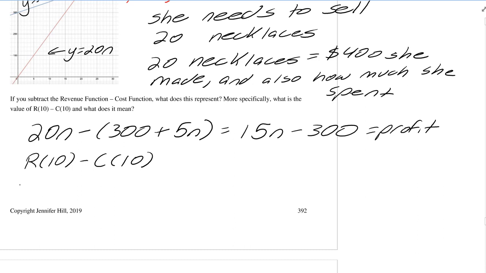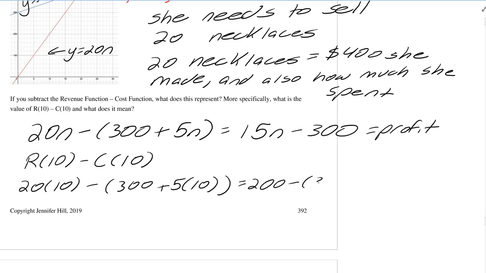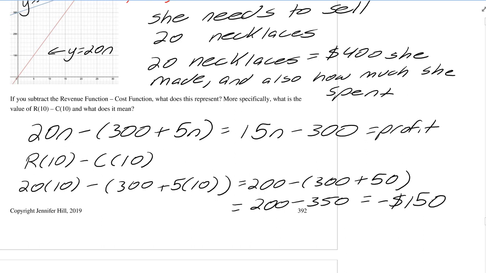Well, if I take 20 times 10 minus 300 plus 5 times 10, this will equal 200 minus 300 plus 50. So this will ultimately equal 200 minus 350, so this equals negative 150.